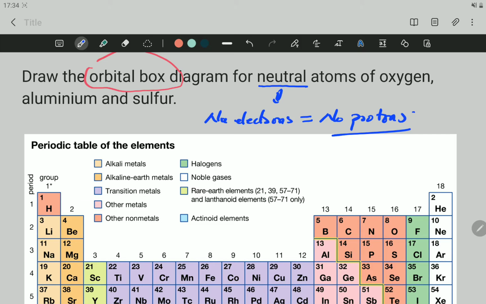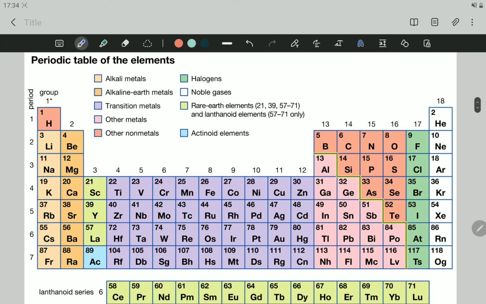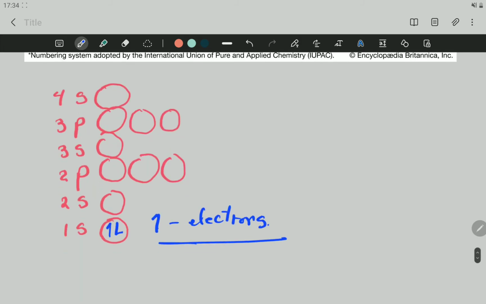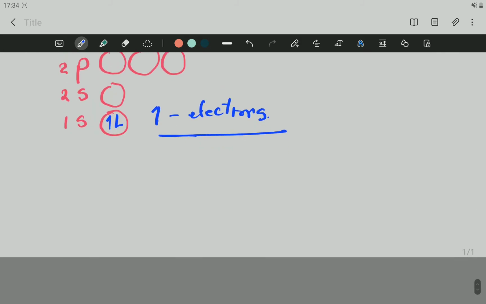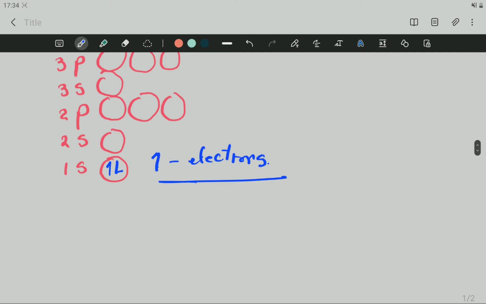In the periodic table, you know the number of protons. If it's neutral, it will have the same number of electrons. For example, oxygen is here. Oxygen has 8 protons, and because it's neutral, it will also have 8 electrons.